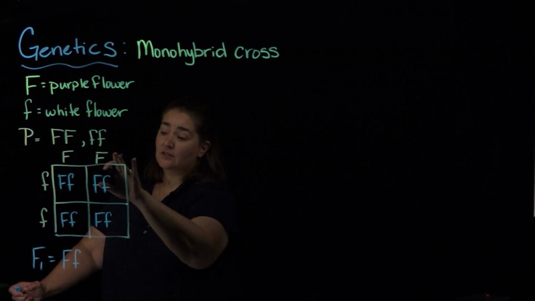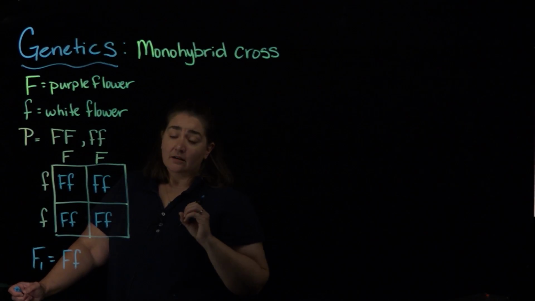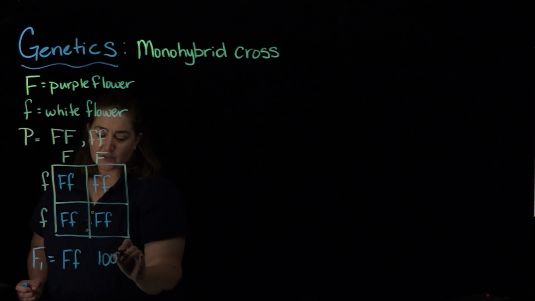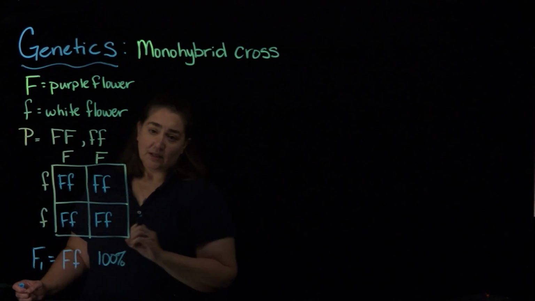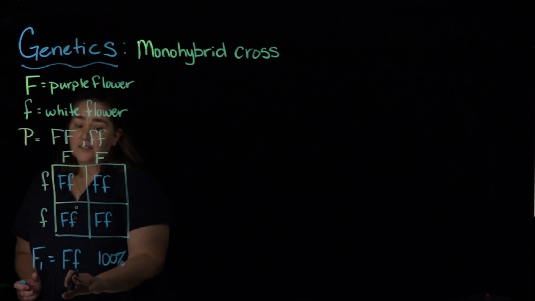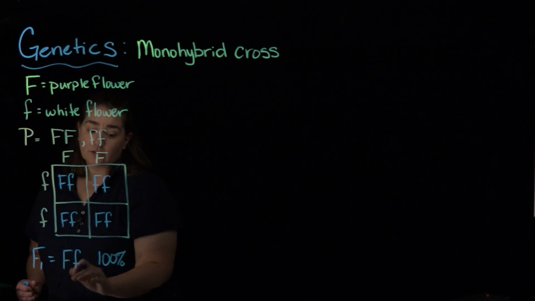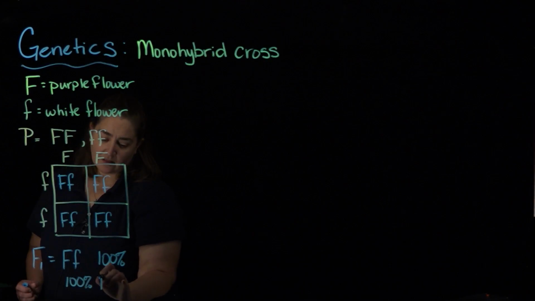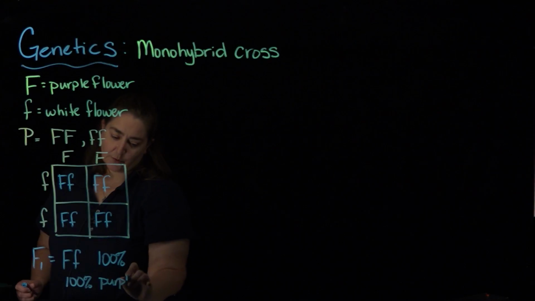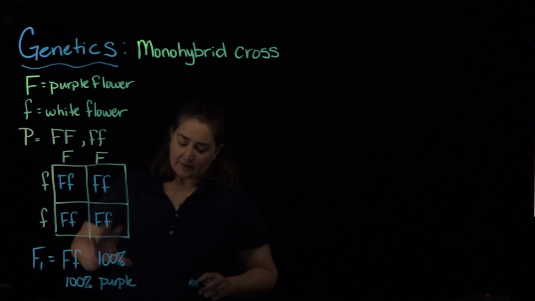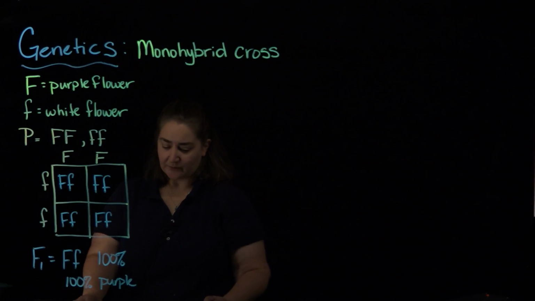So we get a recessive and a dominant. Our F1 in this case, 100% are going to be heterozygous, okay? Phenotypically, they're all going to look the same, okay? So we'll also have 100% that are going to have purple flowers, okay? So that's how we're going to interpret that particular Punnett Square.